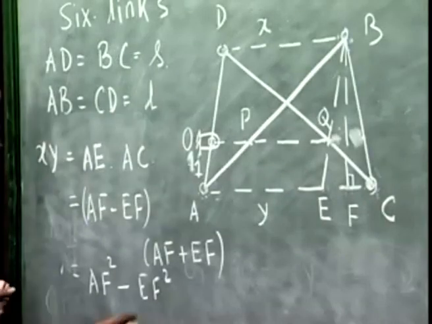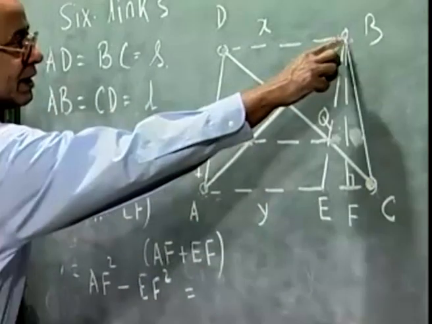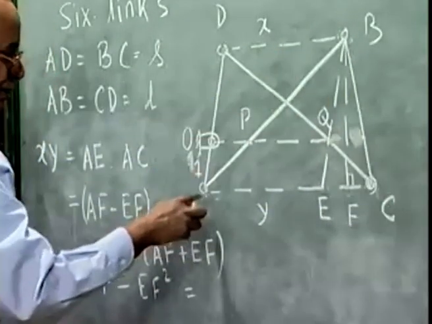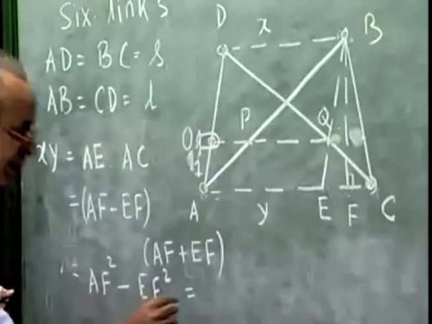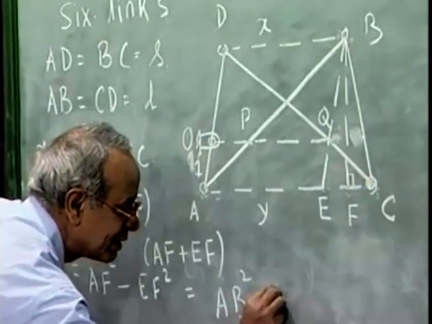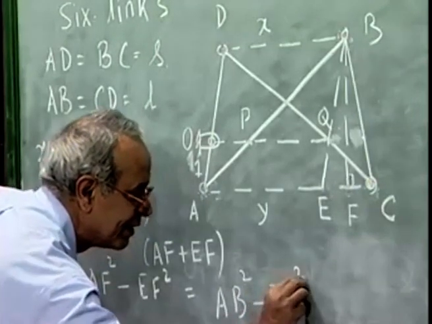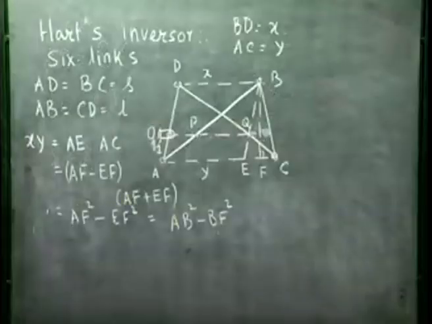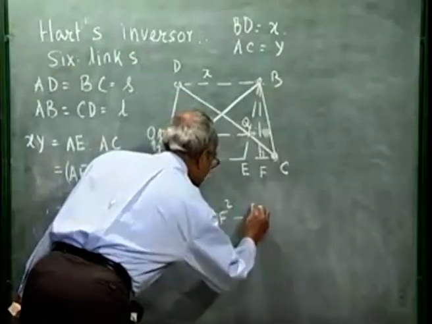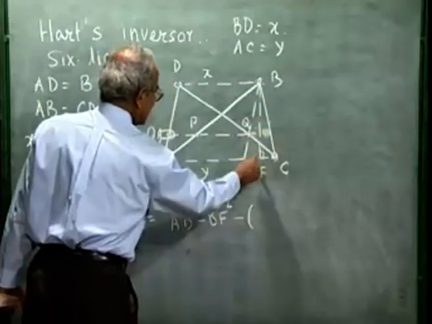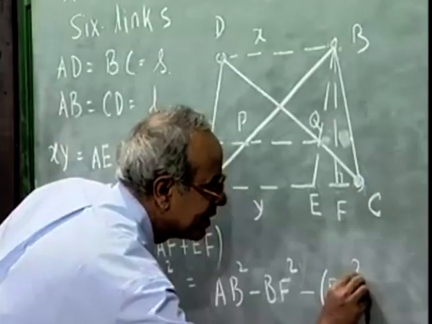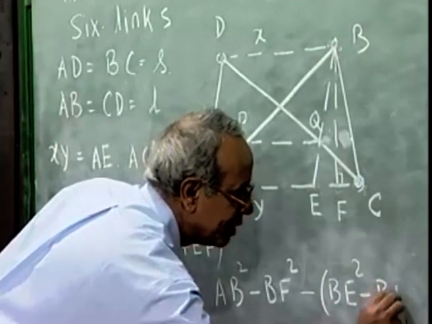Now AF squared I can write, because ABF is a right angle triangle, so AF squared I can write from Pythagoras theorem, AB squared minus BF squared. Similarly, EF squared, from this right angle triangle I can write BE squared minus BF squared.